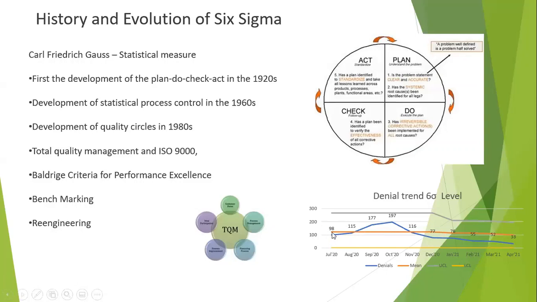The difference between this 100 and 98 is called standard deviation. Similarly, how much you deviate from the mean: here from 100 I'm going up to 197, that's my deviation. Here, 100 to 77 is the deviation. So now we are at 39. This is the deviation methodology. What Six Sigma tries to do is bring all your process near to the average, without drifting away, keeping you within the mean. That is Six Sigma's main focus.